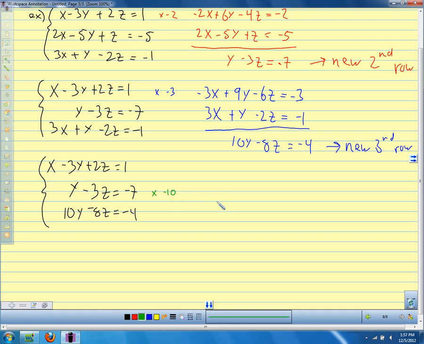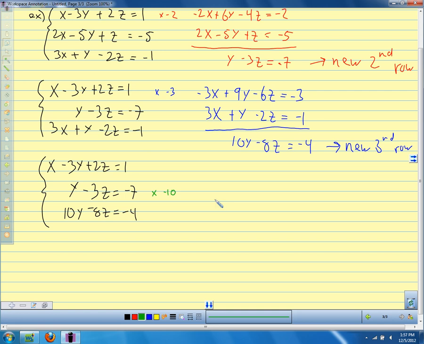If you can do this operation in your head, say I'm going to multiply this by 10 and add it to the third row, and you can do that without writing out all the parts, that's fine. It's really easy to make a mistake with a sign, an addition, subtraction error. So as much detail as you can keep in to keep yourself straight is a good idea. But if you do this a lot, you can say, okay, I'll multiply this by 10, add it to the third row, and figure it out. I'm just writing everything out here.